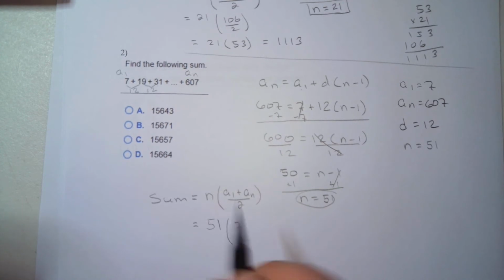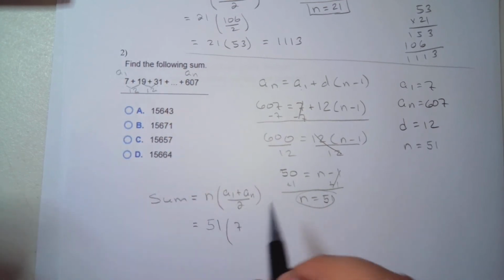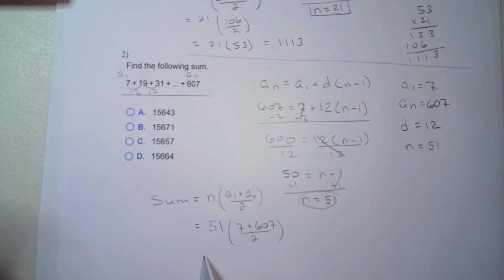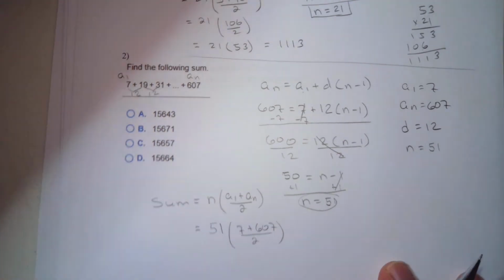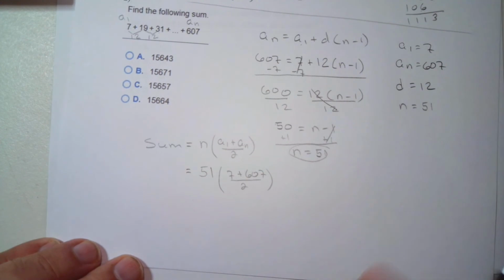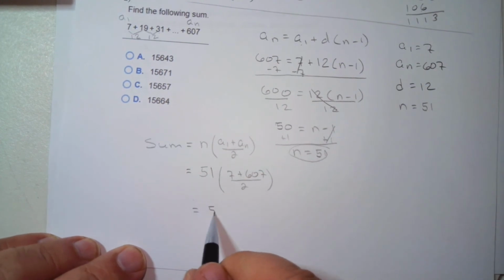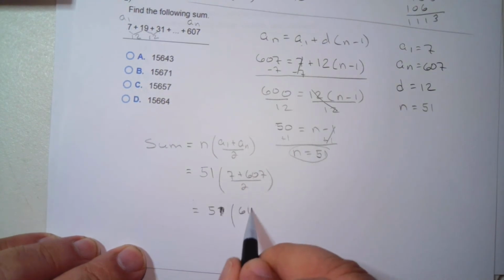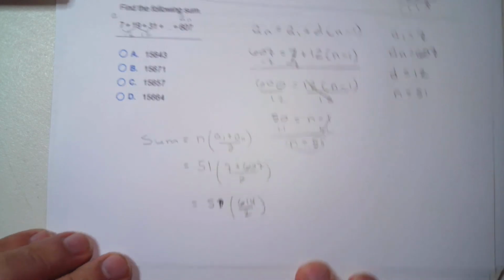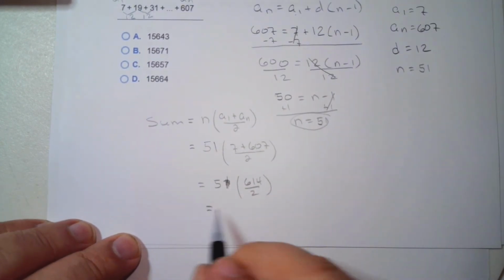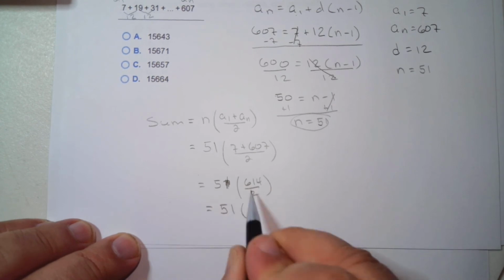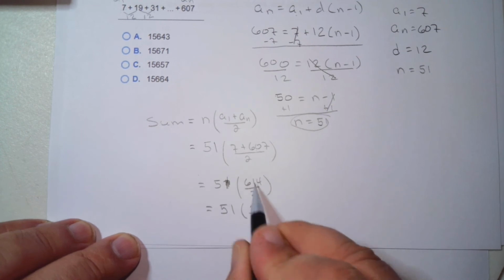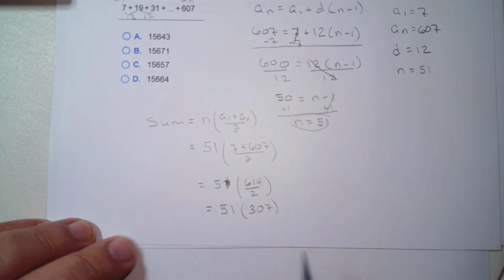A1 is 7, that's the first number, plus 607, that's the last number, an, divided by 2. 607 plus 7 is 614, divided by 2. So 614 divided by 2: 2 goes into 6 3 times, and then 2 goes into 14 7. So it's 307.